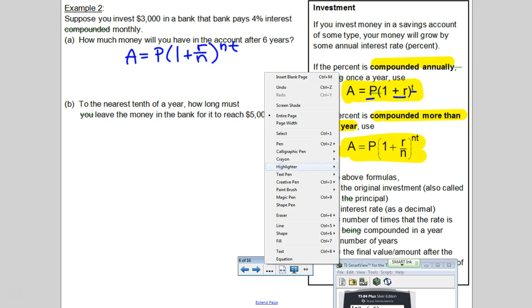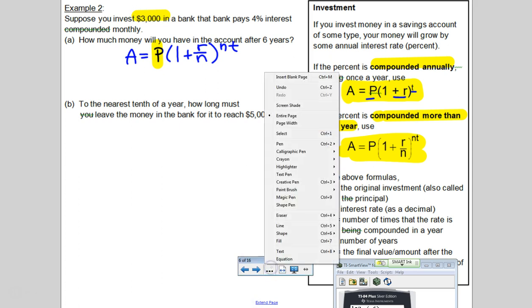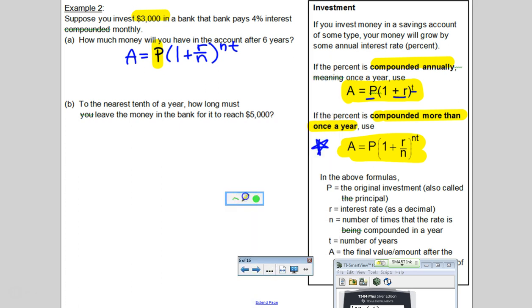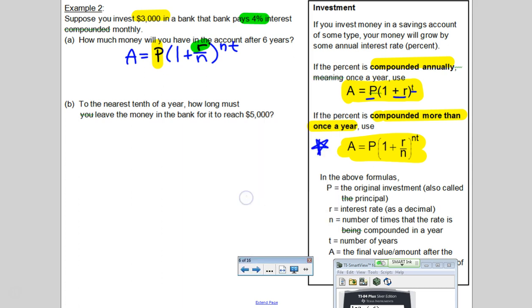My original always goes in the beginning. So 3,000 is this spot. Paying 4%, well, that's still my rate. And I always change a rate to a decimal. And then compounded monthly means how many times a year? Well, monthly means that there are 12 months in a year. So compounded monthly, that would be that spot.